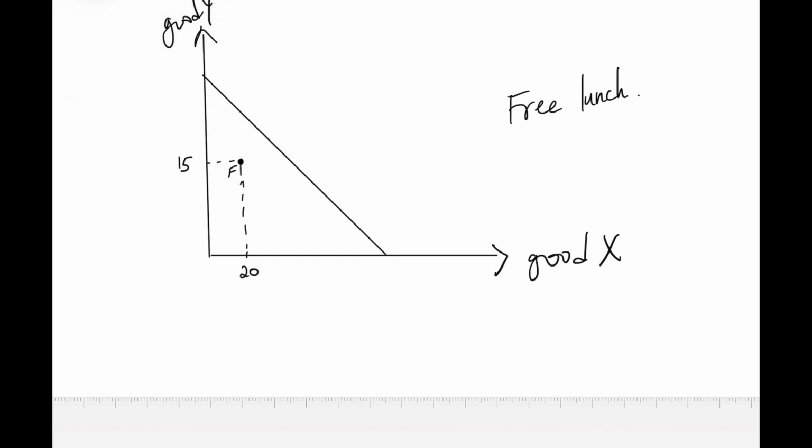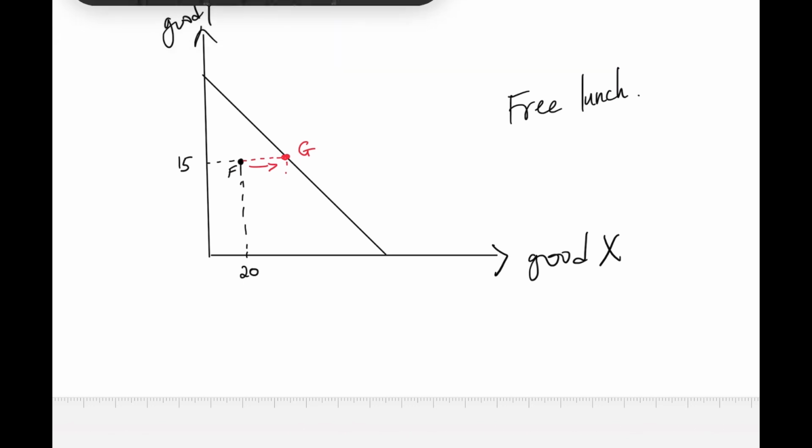Using red, let's show you what that free lunch path is going to be. It will have to get more of good X, but not give up any good Y. And I'll write that for you shortly. From F to point G, right? This is the free lunch path. F to G. You want more of good X. So how much more of good X did we get?